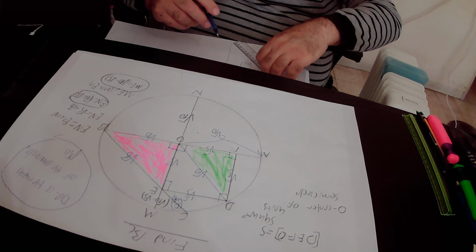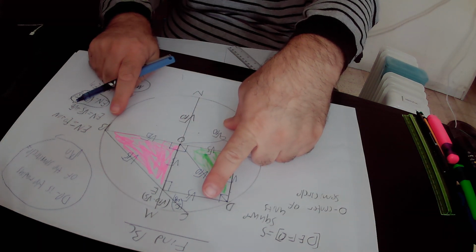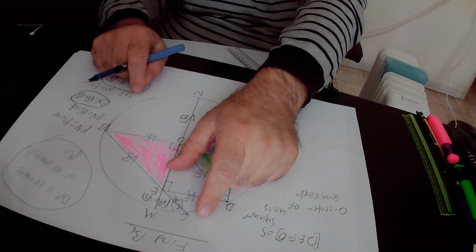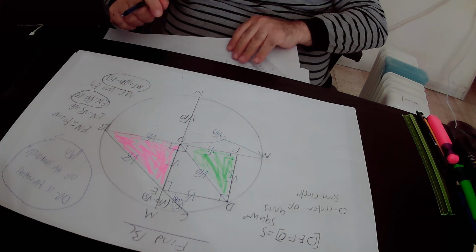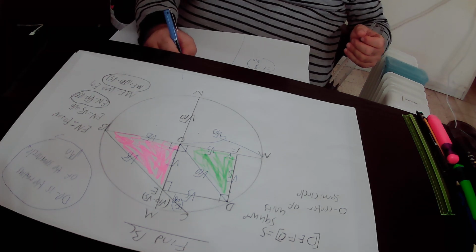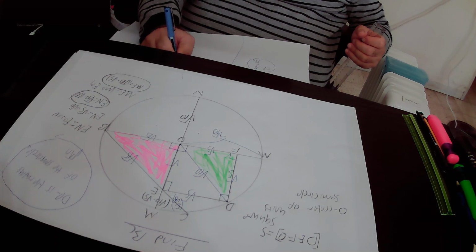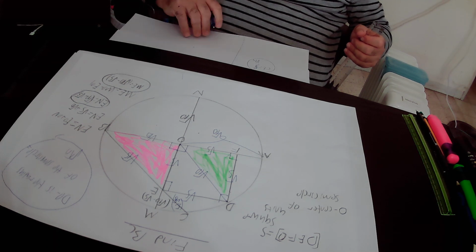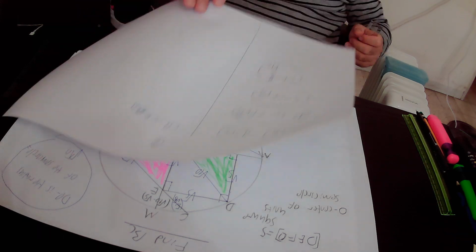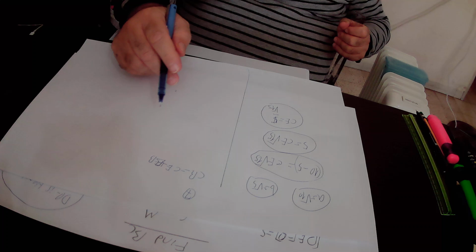And what is the length of chord CB, the chord that we are looking for? It actually equals CE plus EB. So write it down: CB equals CE plus EB. It is very easy to see that CB equals CE plus EB.